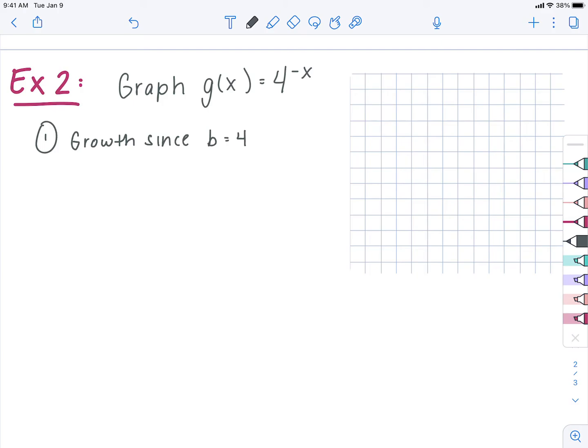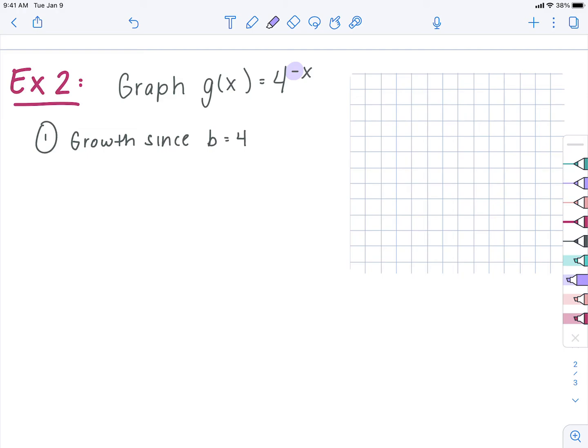Because this x is negative, it's really saying that it's a decay graph because we're reflecting it. We can also think about it as 4 to the -1 is really 1/4. So anytime you have this negative up here, it switches your rules.